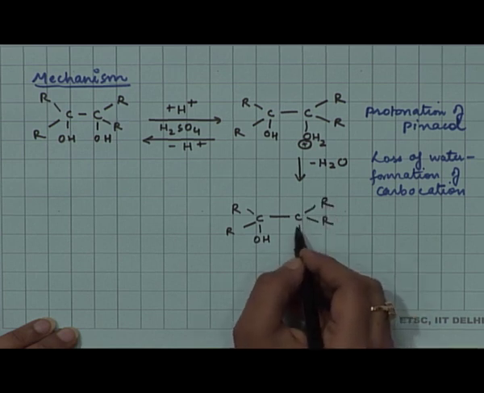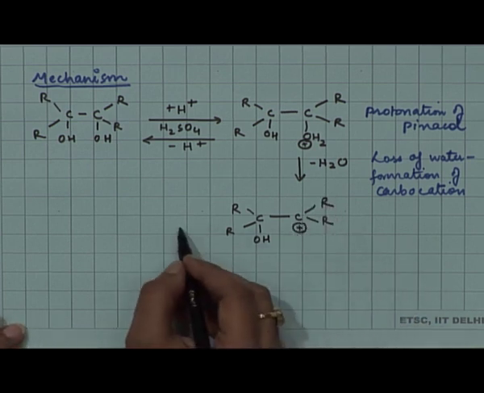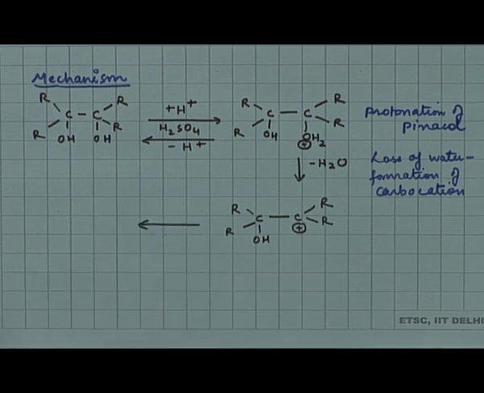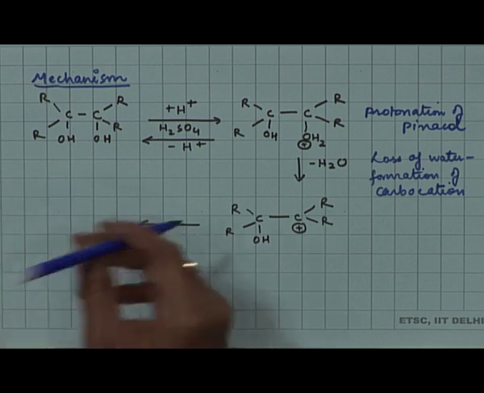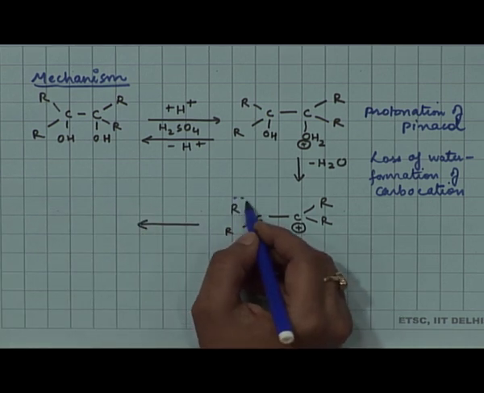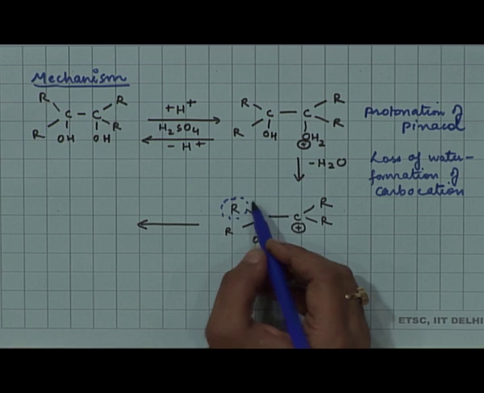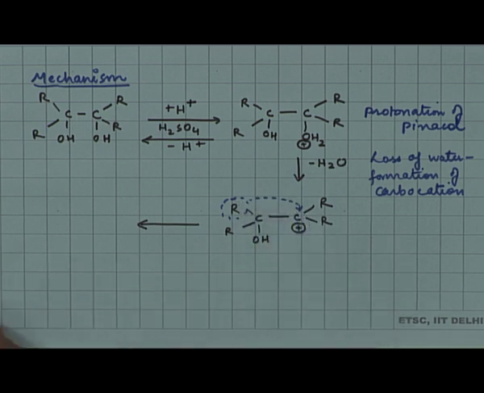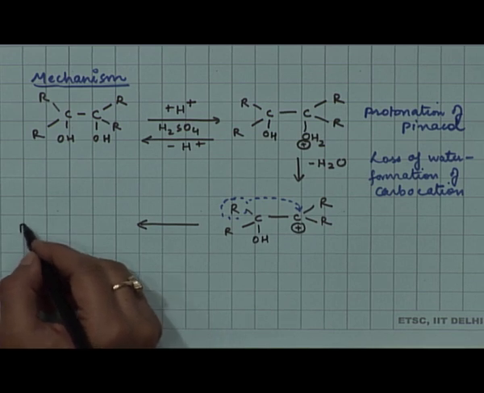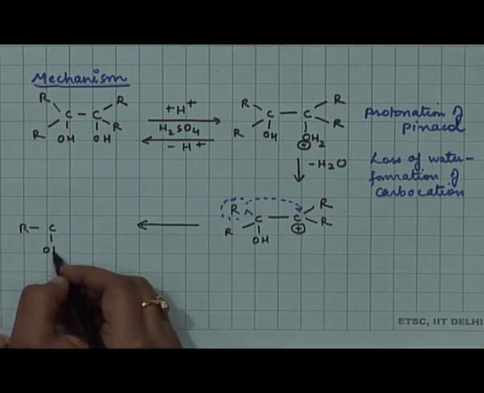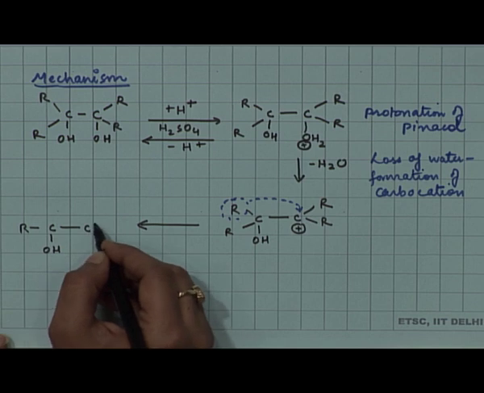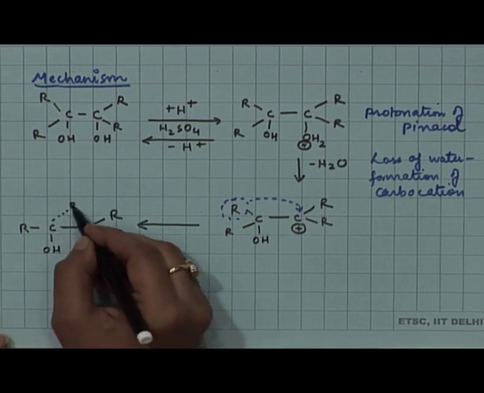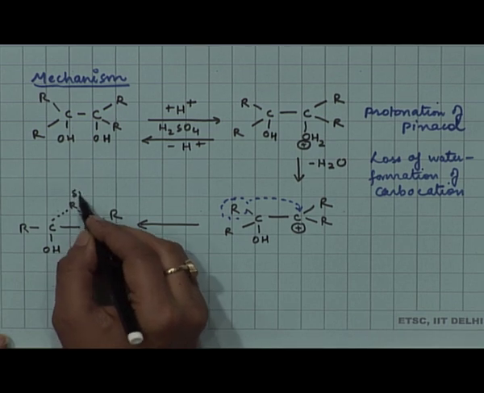and generation of this carbocation, and this is happening complementarily, that this alkyl group here is migrating towards this carbon which is bearing a positive charge, so that you get this kind of a cyclic intermediate.